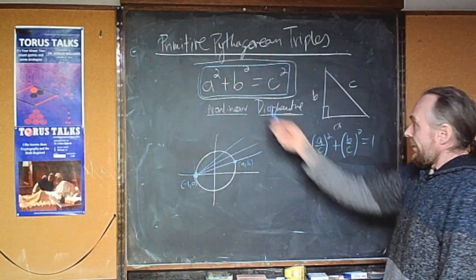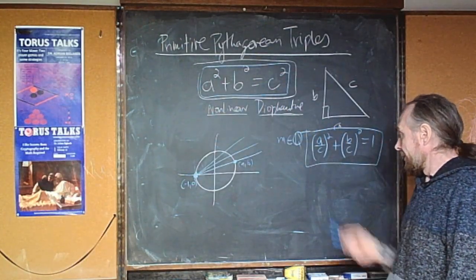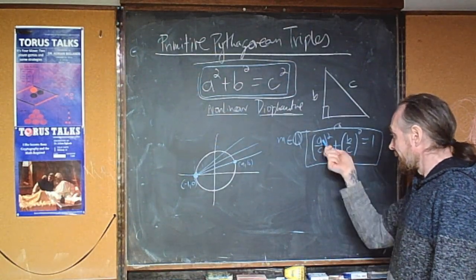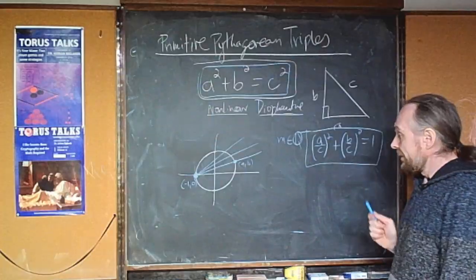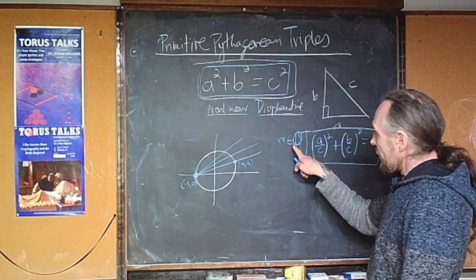Solving this is equivalent to solving the original, and because a and b and c were all integers, these are all rational numbers. a over c is a rational number and b over c is a rational number. So we'll make a one-to-one correspondence.